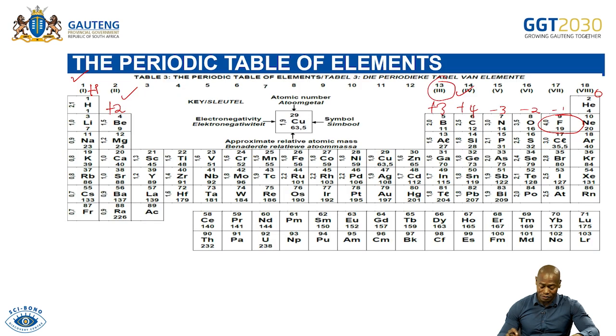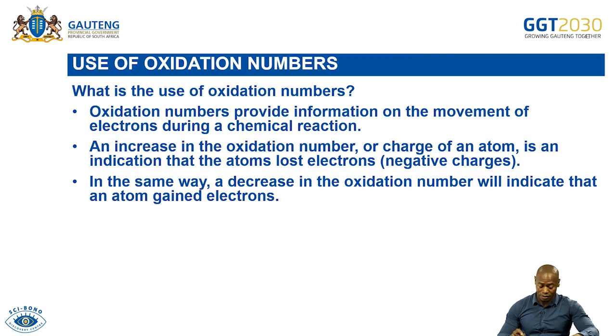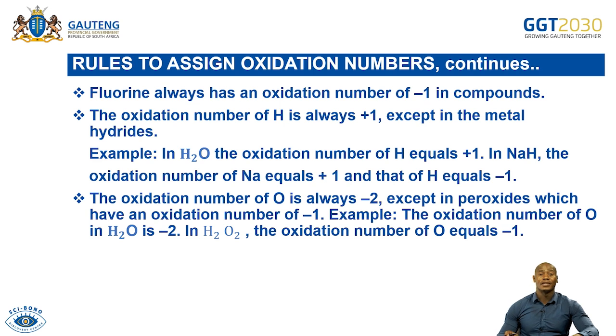So for example, maybe for you to understand better, if you have a compound HF, right? So the oxidation number of fluorine there will be -1. So fluorine always has an oxidation number of -1 in compounds. But if it's on its own, for example, when you have F2, remember it's a diatomic molecule.